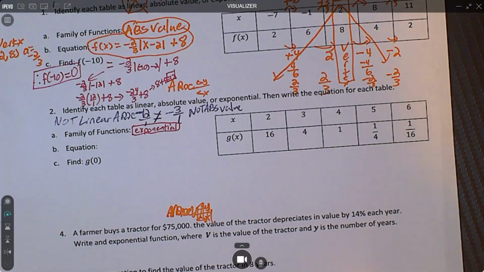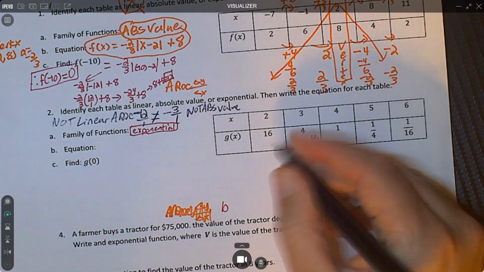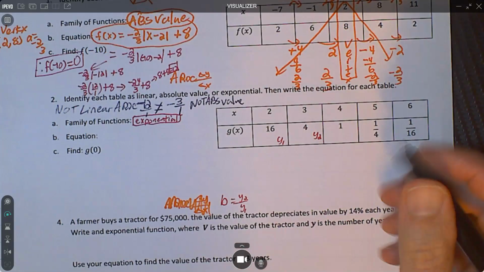Okay, we're going to learn so B, y2 divided by y1.